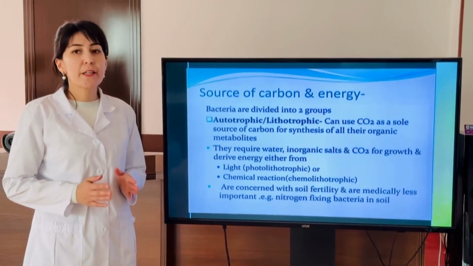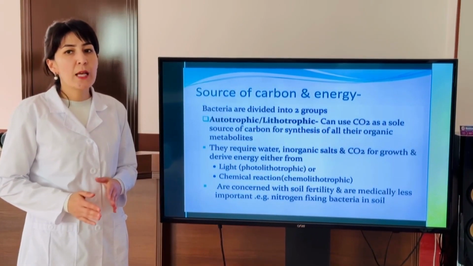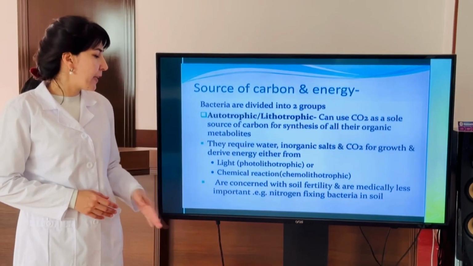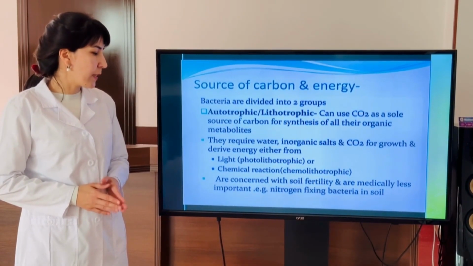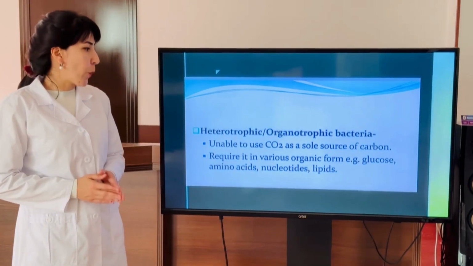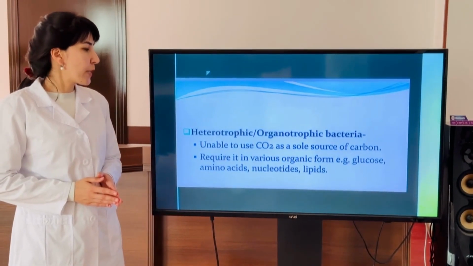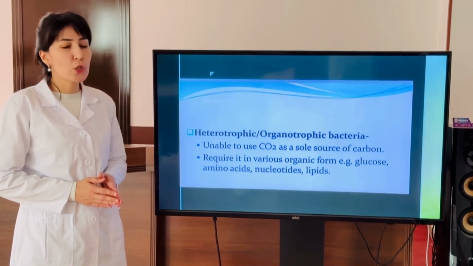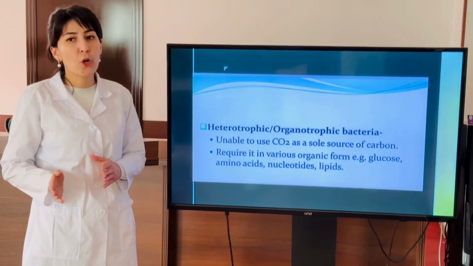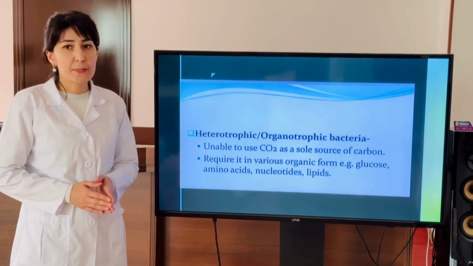They require water, inorganic salts, and carbon dioxide for growth, and derive energy from light, chemicals, and other sources. Heterotrophs or organotrophs are unable to use carbon dioxide as a sole source of carbon and require it in various organic forms: glucose, amino acids, nucleotides, and lipids.